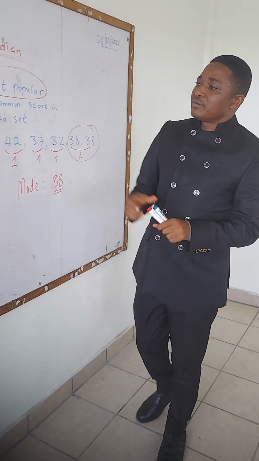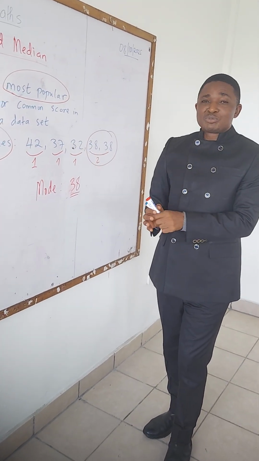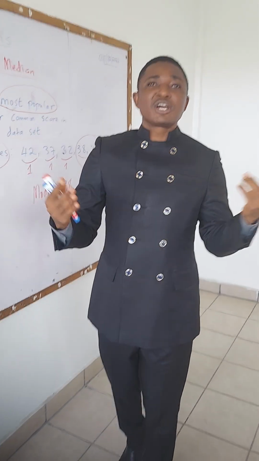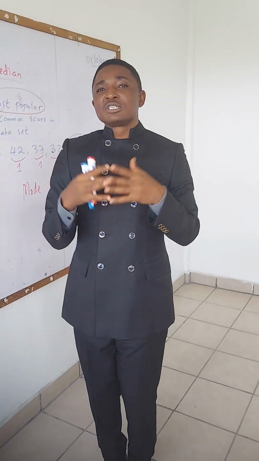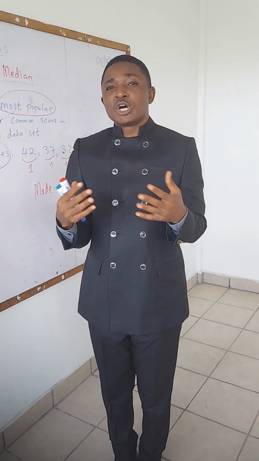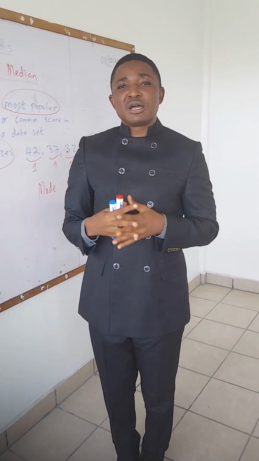Now let's look at median. So this is all that you need to know about mode. Alright, most popular. So just like you have favorite fruits, favorite colors, you can have the most common fruit, or the most common food, or the most common color, or the most common used car in school. That will still give you the mode. Mode is about popularity.